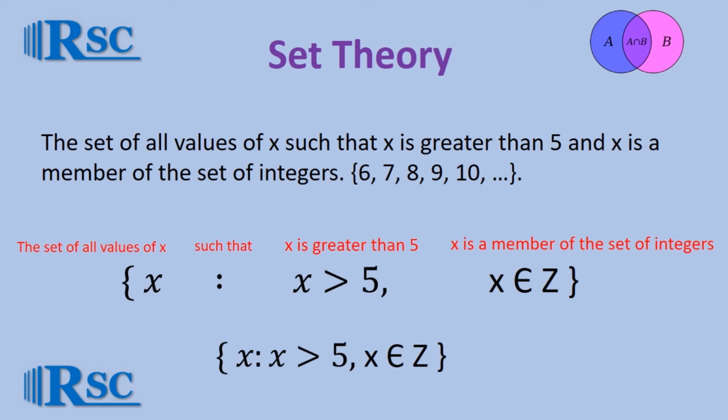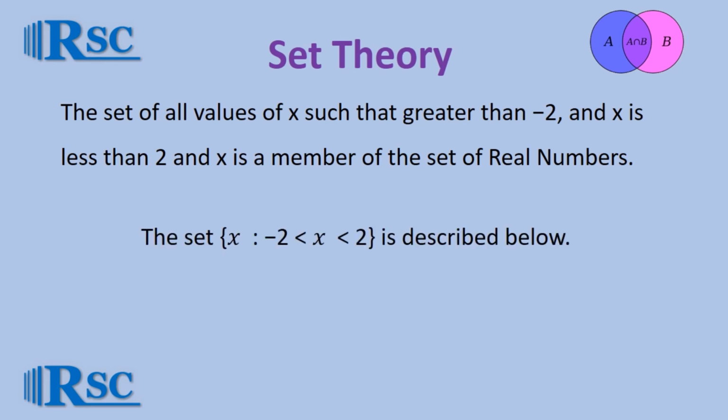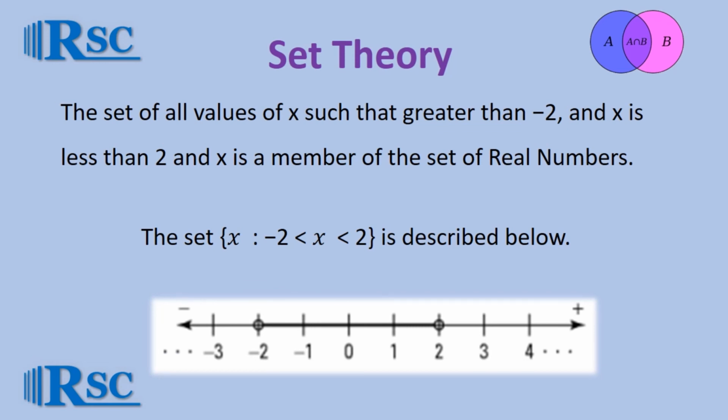Another example is the set of all values greater than -2 and less than 2. So this is shown in set notation here and also on a number line.